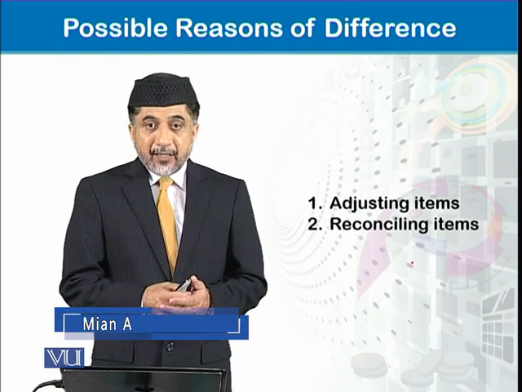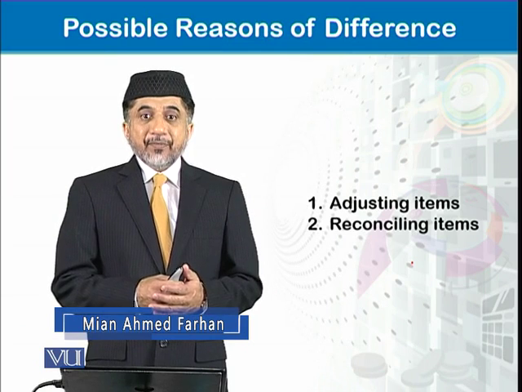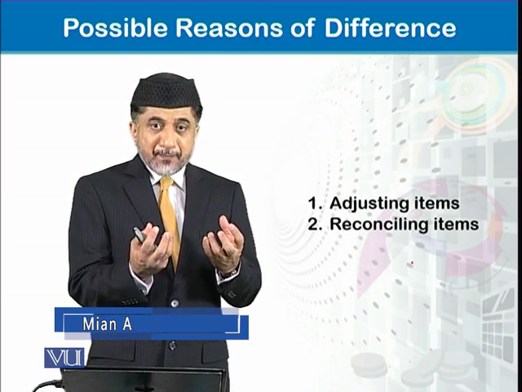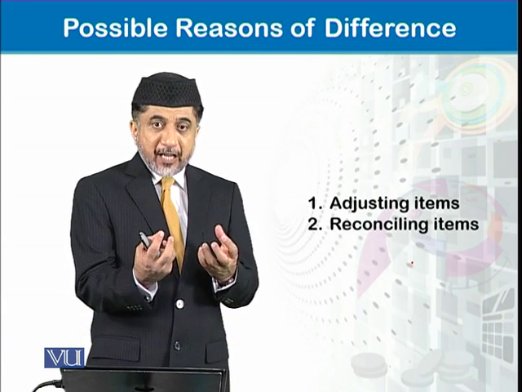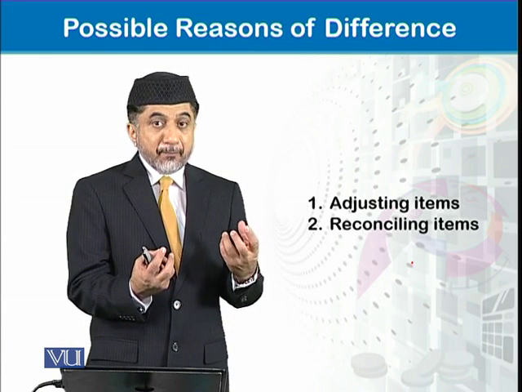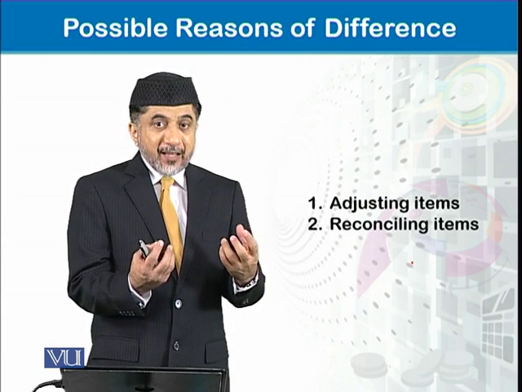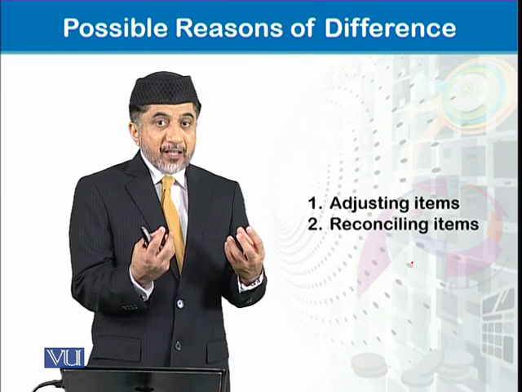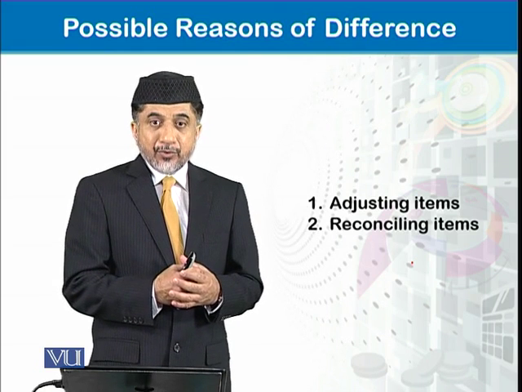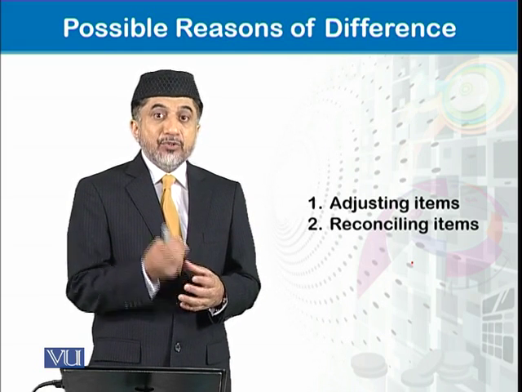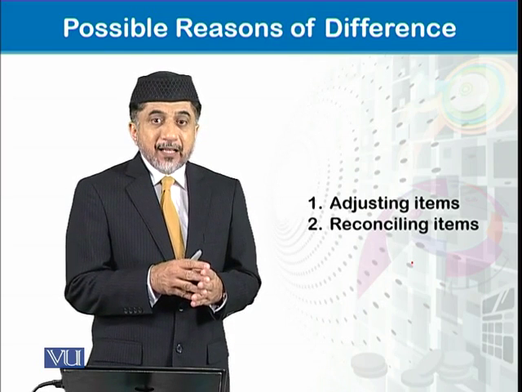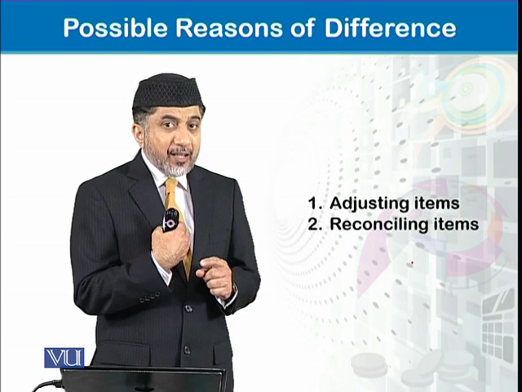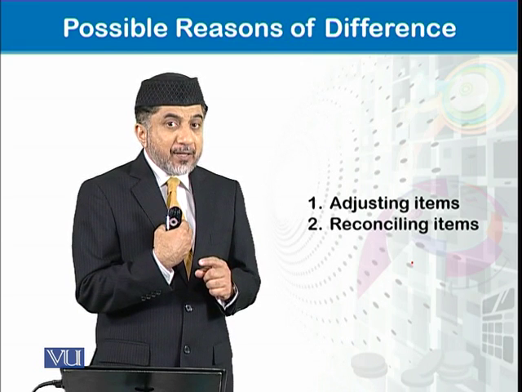As we have already discussed, whenever we see there is a difference between the two balances, I repeat, the balance as per cash book and the balance as per bank statement, the very first thing that we have to work out or dig out is: do we need any adjustment in the records that we have prepared?